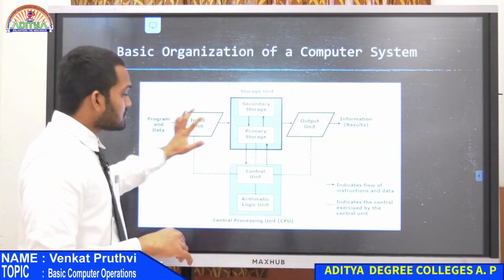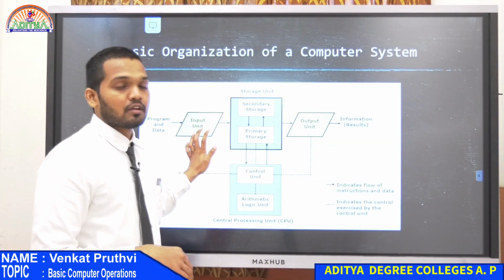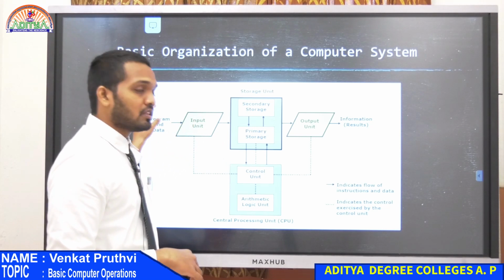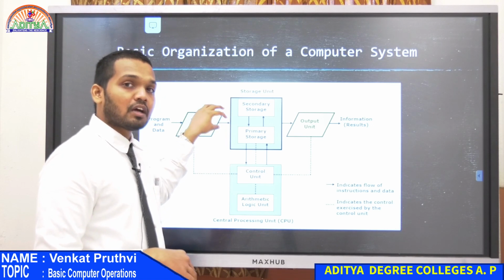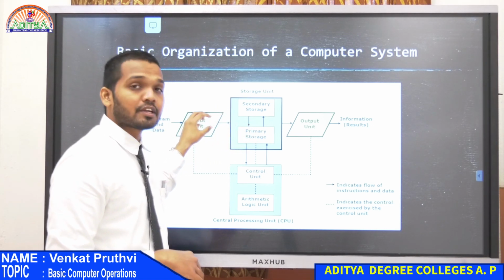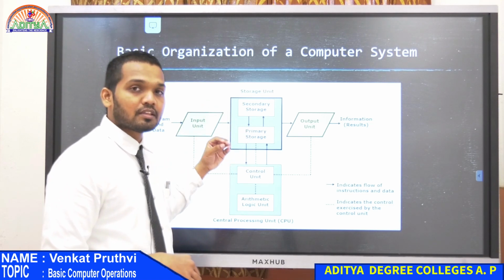In this diagram, the input unit has an interpreter. What does an interpreter mean? The English text that we provide to the input unit, it will first convert into the computer readable form, and then store it inside the computer.